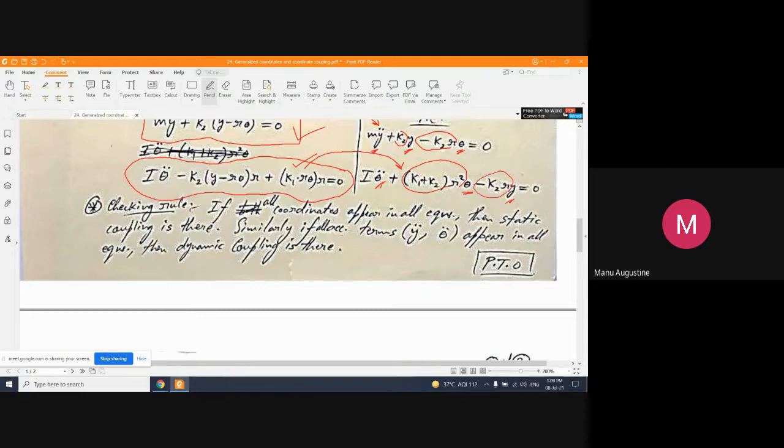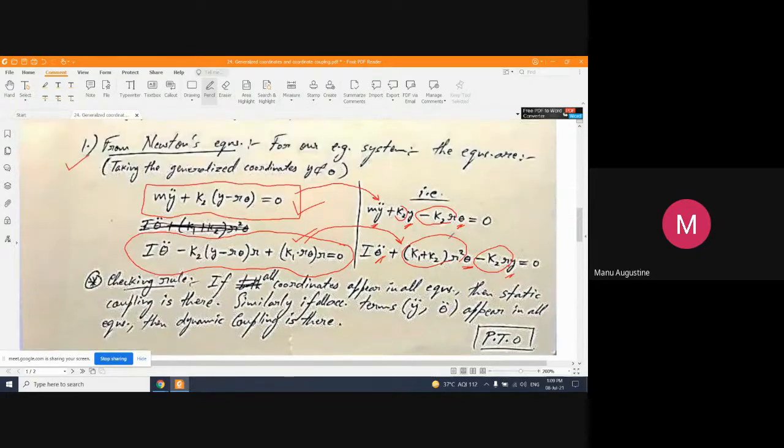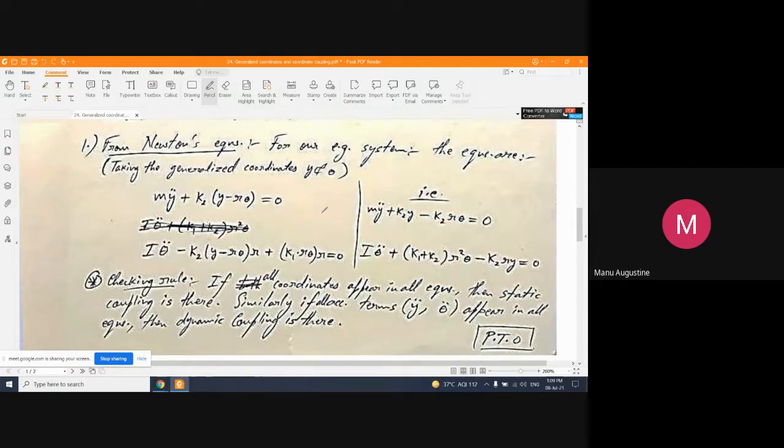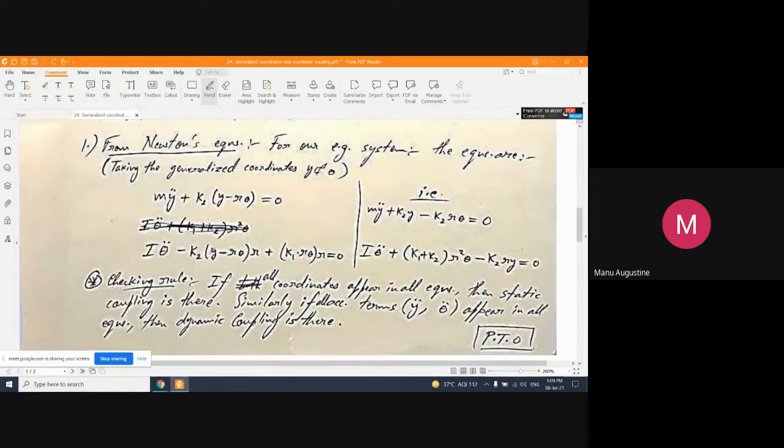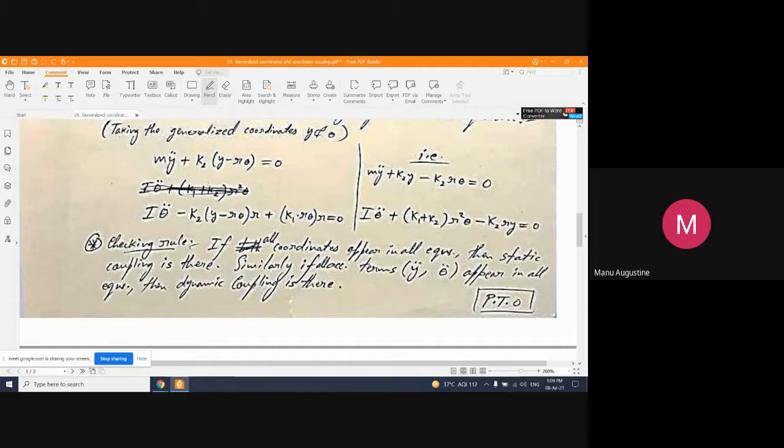We separate the terms so that all the variables with their coefficients are separated and put here like this. Now, what is the checking rule? The first method of checking for static coupling or dynamic coupling is, if all coordinates appear in all equations, then static coupling is there.